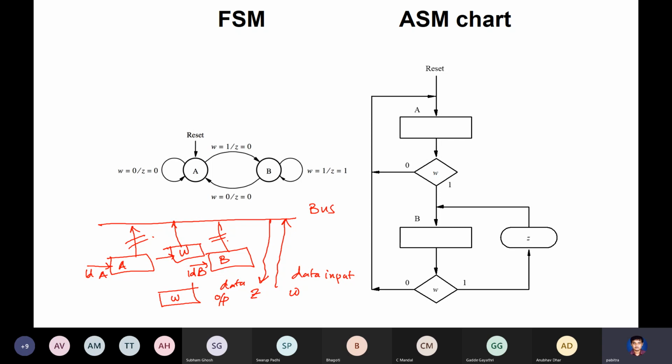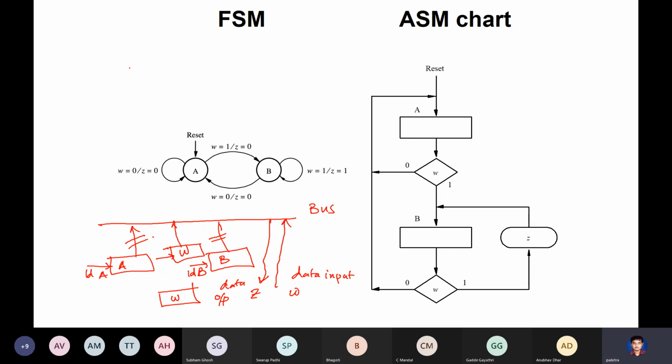Whereas the state transitions will be part of your control path. So do you need A and B in your data path, or should you have them in your control path? Or rather, do you have W and Z in your data path, and A and B in your control path?